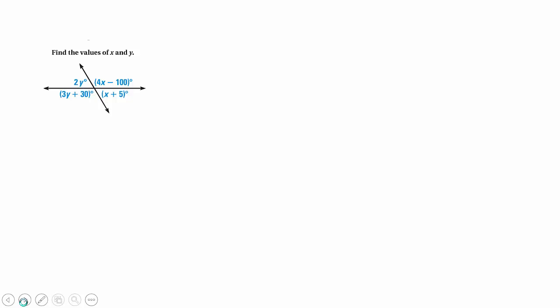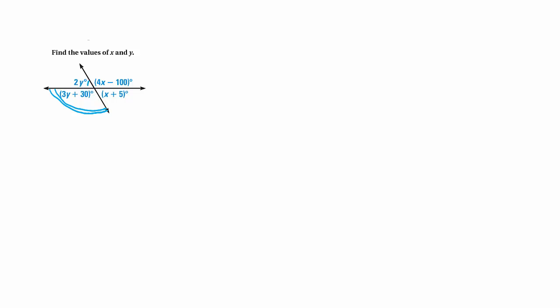In this diagram, we see both vertical angles and linear pairs. We are going to see if we can identify any linear pairs which have just one variable, because we need to solve for X and Y. And I notice that these two angles here add up to 180 degrees.